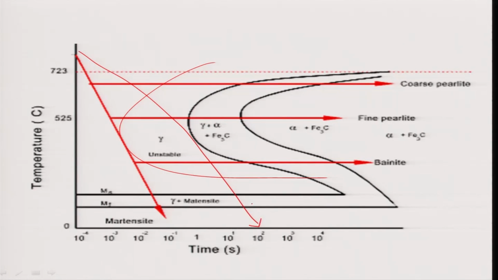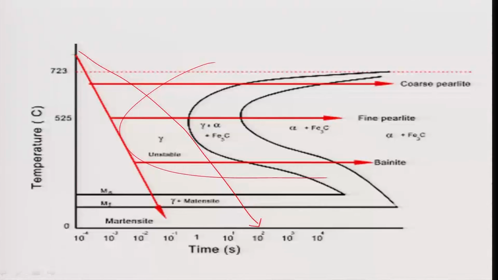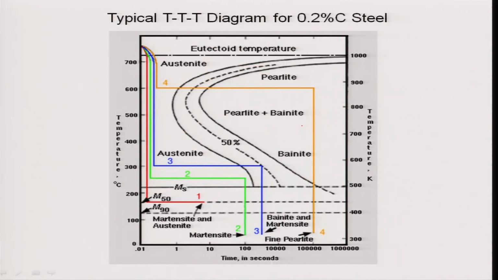So you can see which one is slower very easily. That is why we add manganese, chromium, tungsten, and many other elements to reduce the cooling rate for martensite transformation. It will also slow down the pearlite transformation cooling rate. You see here, the pearlite transformation cooling rate is also very slow, correct.